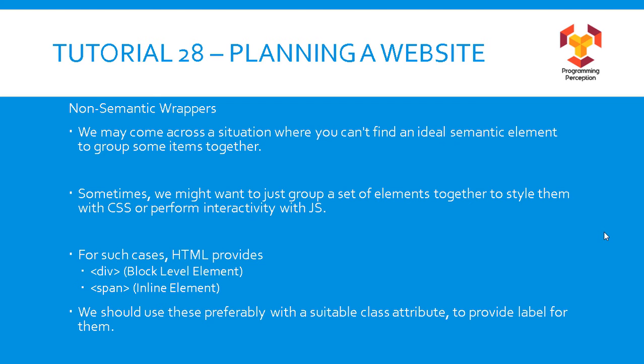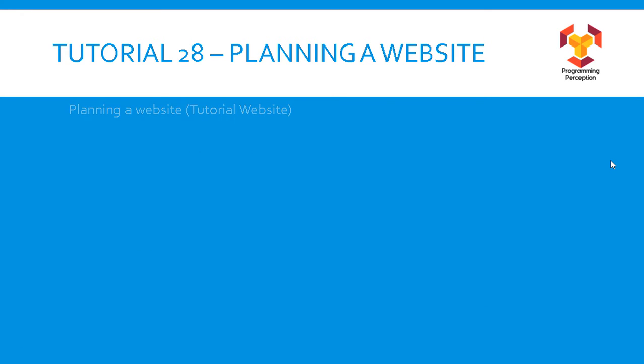We should use these preferably with a suitable class attribute to provide a label for them. So as I told you, these are non-semantic wrappers. So if we are using them to group some elements, we should use the class attribute, okay? And we should provide a meaningful name to that class attribute so that later on we can easily identify that certain div and span.